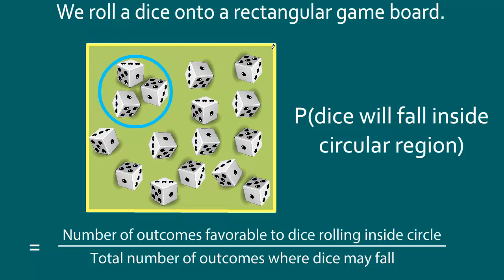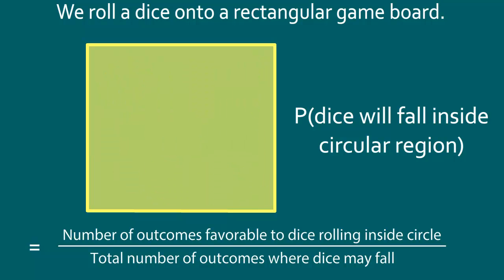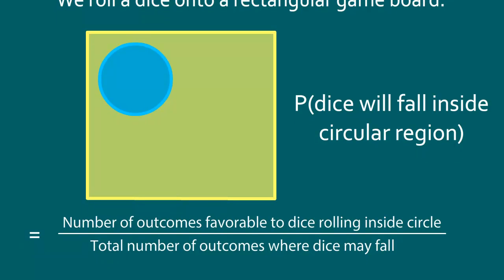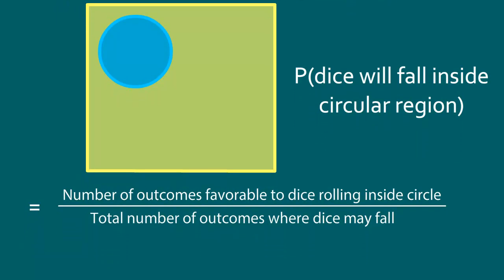To capture all possible outcomes, we have to find the area of the game board. So in these examples, the way we solve them is that we simply find the areas.